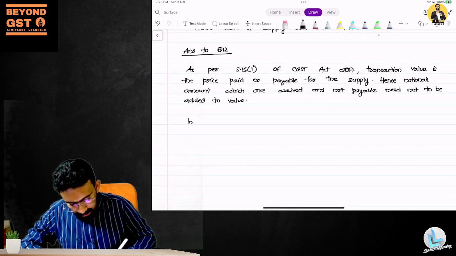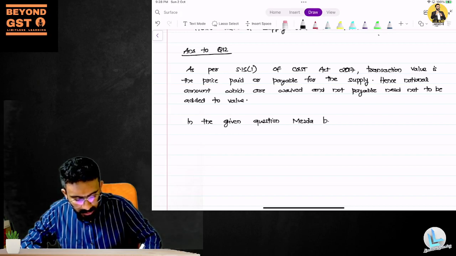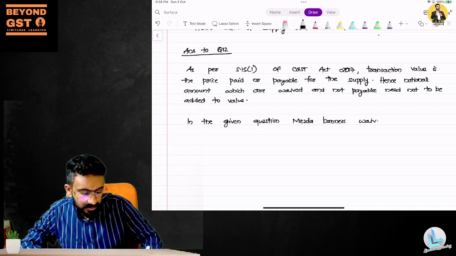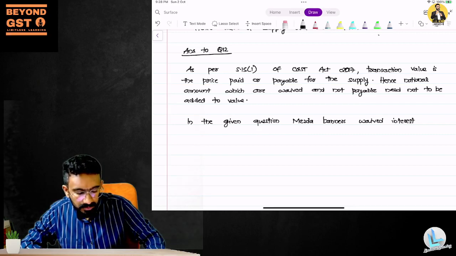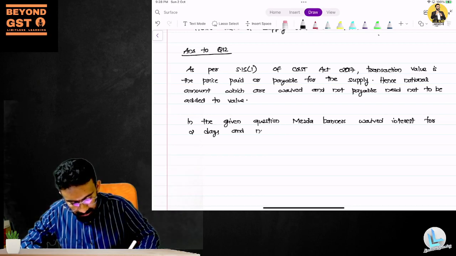In the given question, Mazda Banners waived interest for 2 days and did not collect the same.